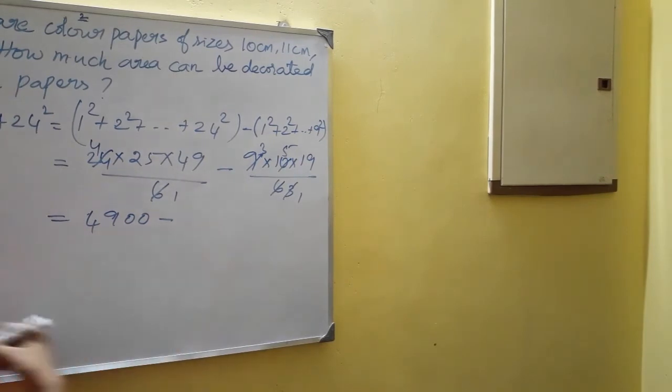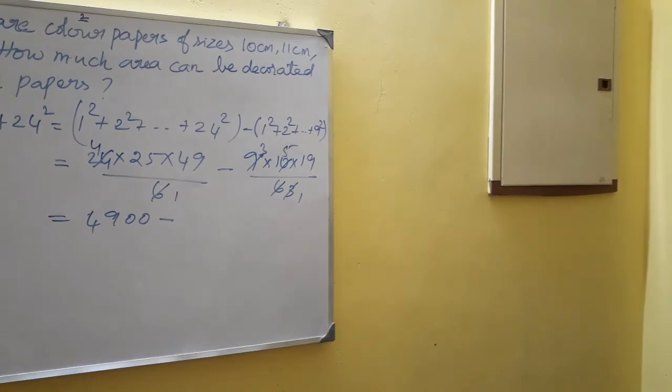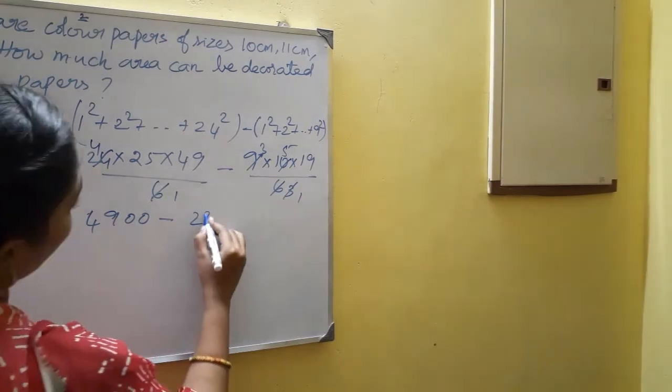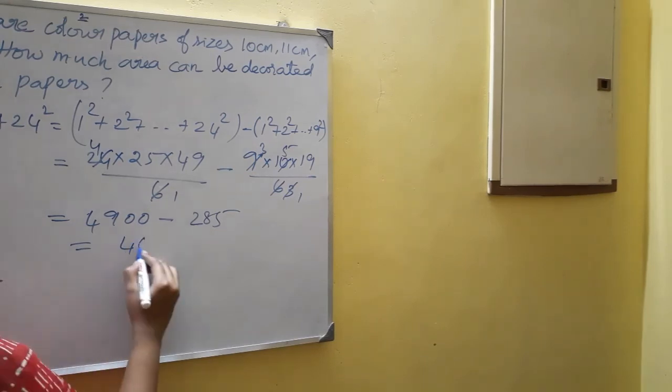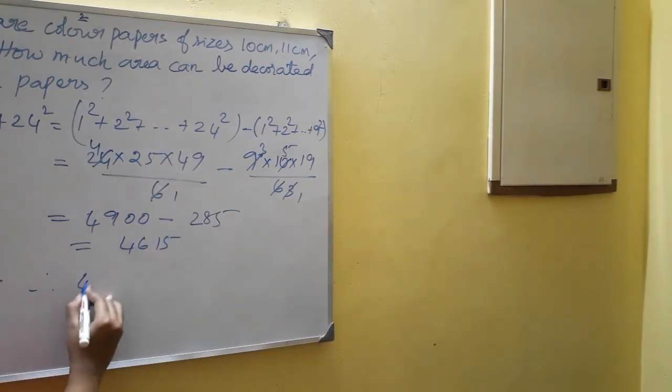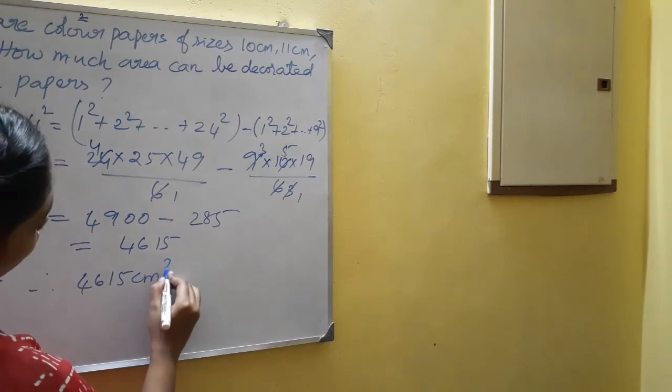And what is 19 into 15? 9 5s are 45, 4, 9, 1, 5, 285. Now what is your answer? 00 minus 285, so this will become 4615. Therefore 4615 centimetre square. This is the area.